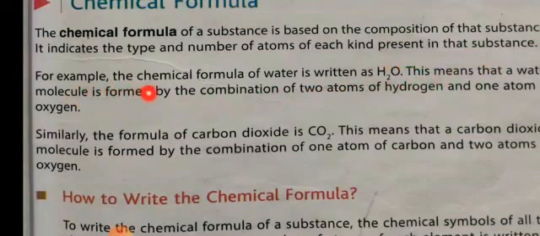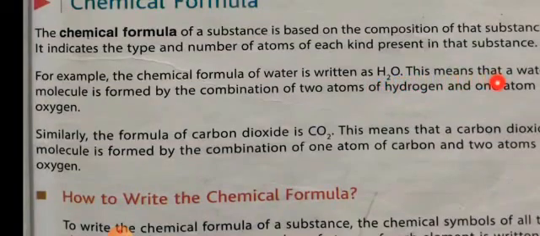For example, the chemical formula of water. This formula you are reading since class 6. H2O. Now you can see how the formula has been written. H is the different element, O is different element, and the ratio of hydrogen and oxygen is 2:1.